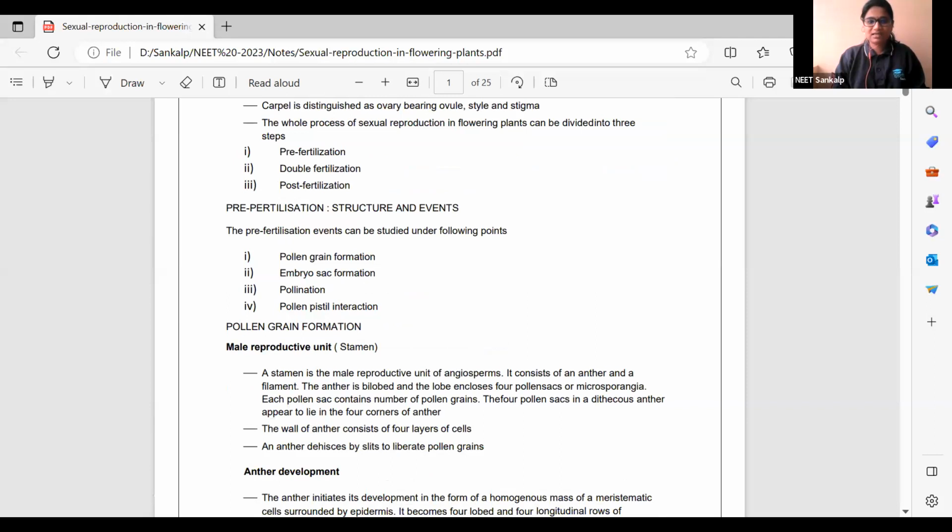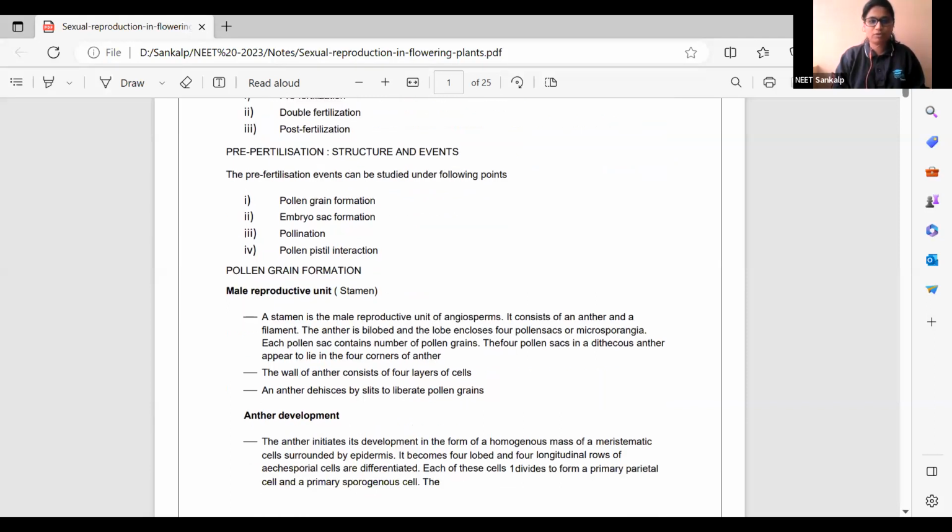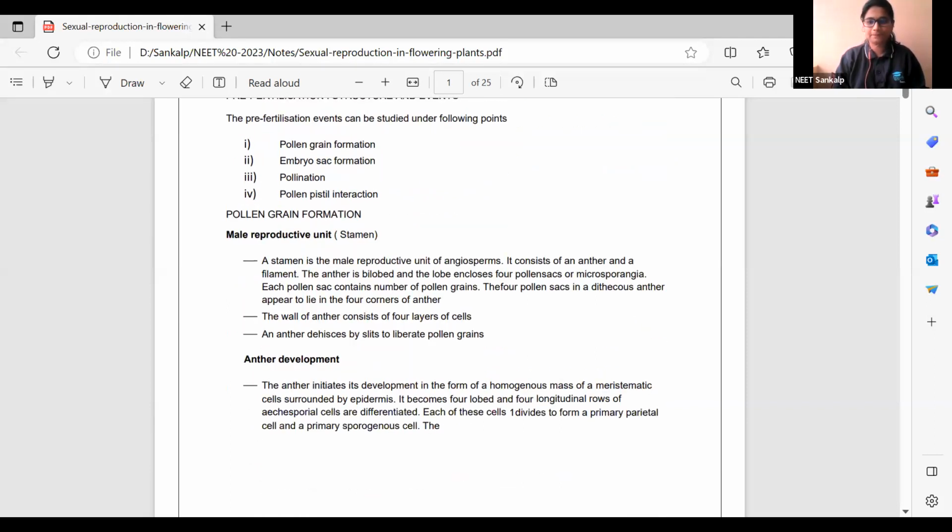Komala K, can you read pollen grain formation? Pollen grain formation, male reproductive unit, stamen. A stamen is the male reproductive unit of angiosperms.